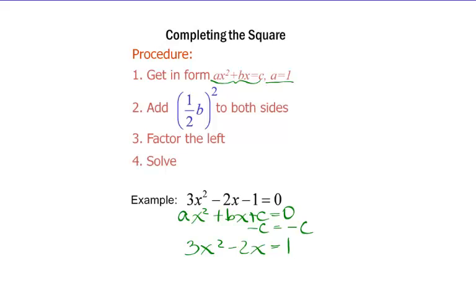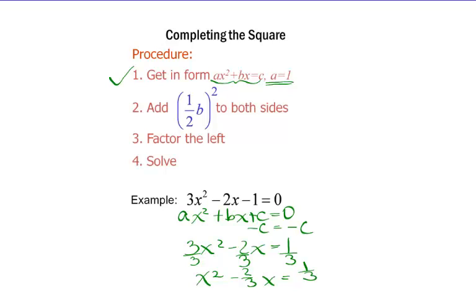The next thing that we want is for the coefficient of our squared term to be 1. So I'm going to divide each term by 3. That gives me a lead coefficient of 1. Now I have done everything in step 1 of the process.